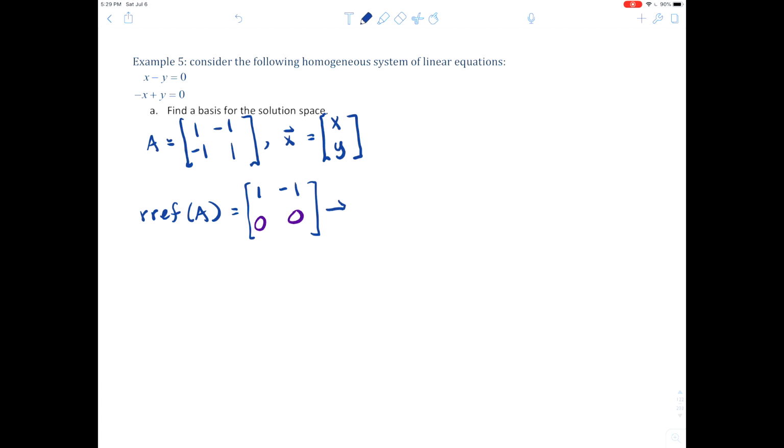And what does that mean? That means we're going to have x minus y equal to 0 because we have a homogeneous system, right? So that means that x is equal to y. Cool so far?